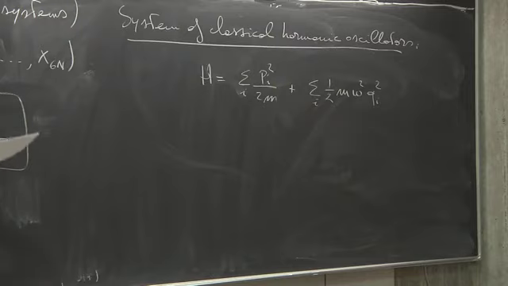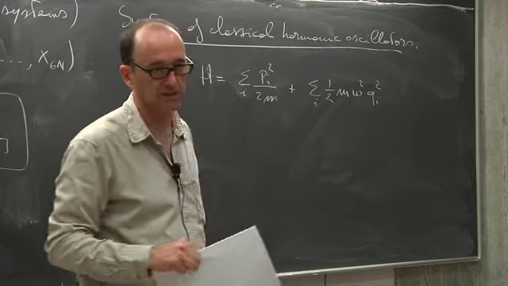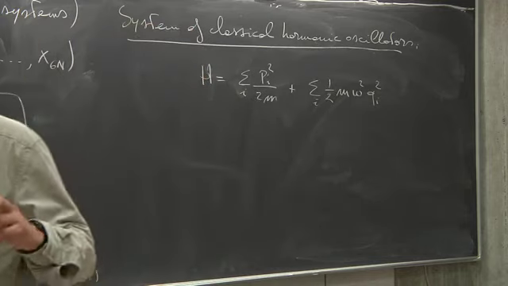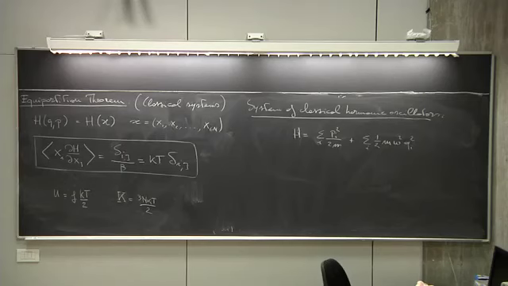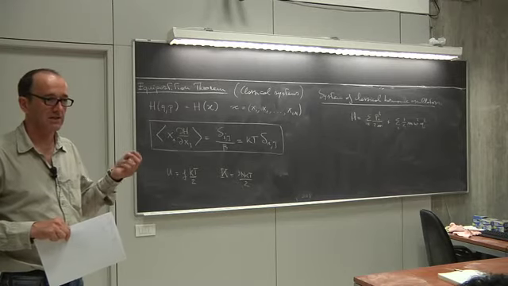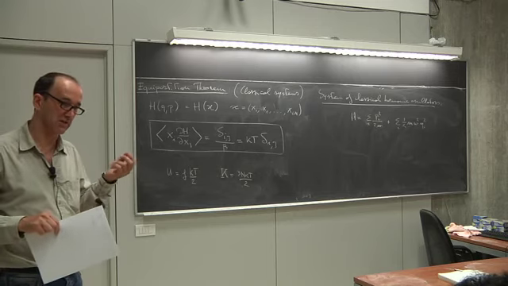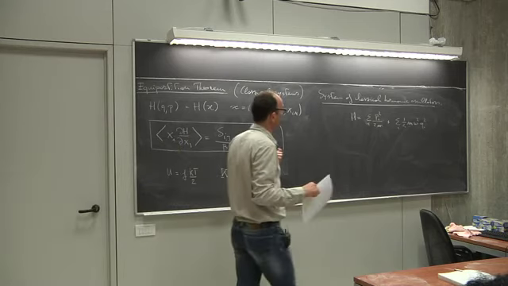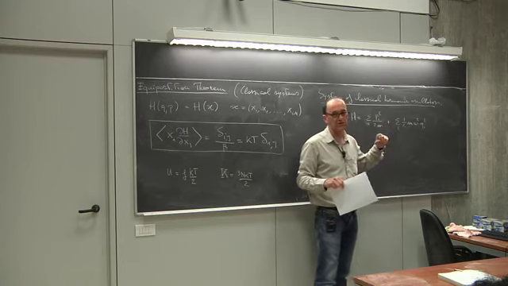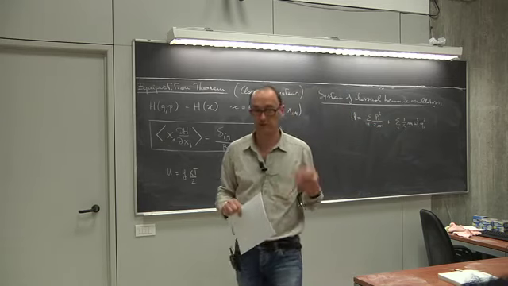I mean, you can consider this as a completely artificial system, but you can also consider this as a Hamiltonian which describes, for example, the small oscillations of atoms around the crystalline positions. This can be a first model to study thermal properties of solids.